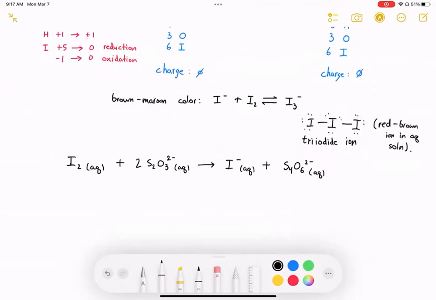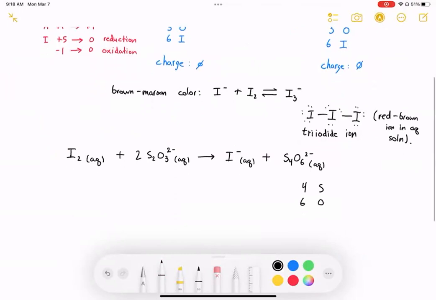All right, so let's balance this reaction here. We need 4 sulfur atoms. So we have 4 sulfurs right here, 6 oxygens, and 1 iodine. So it might be best to balance the sulfur first. So let's put 2 here. So now we have 4 sulfurs, 6 oxygens, 2 iodines.